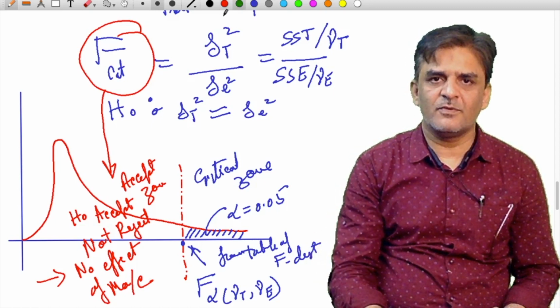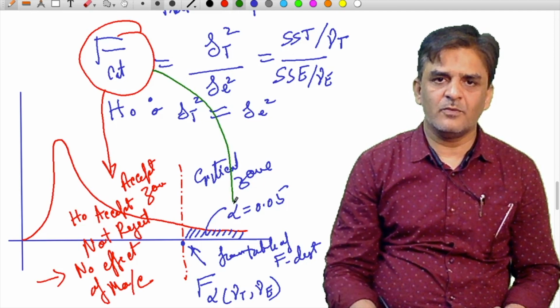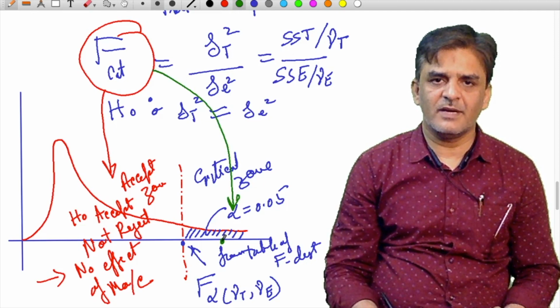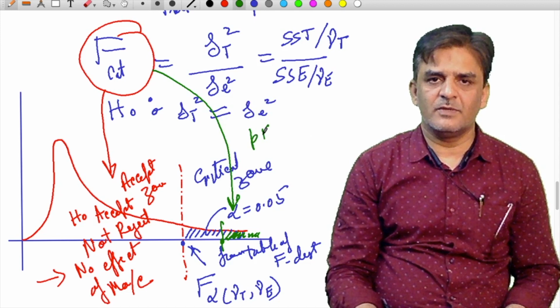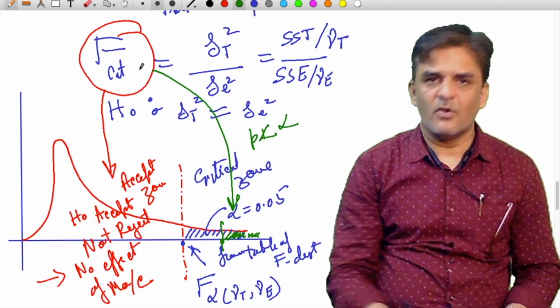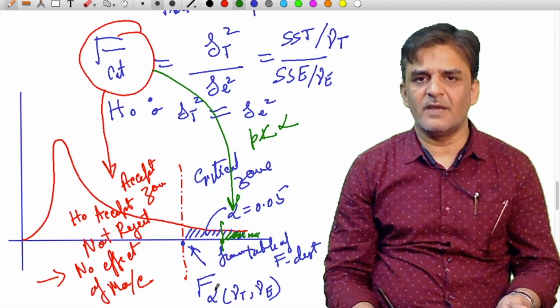Although if you are getting an F calculated value in the critical zone, somewhere here, for example, where the p value is less than alpha, or F calculated is more than the F table value.